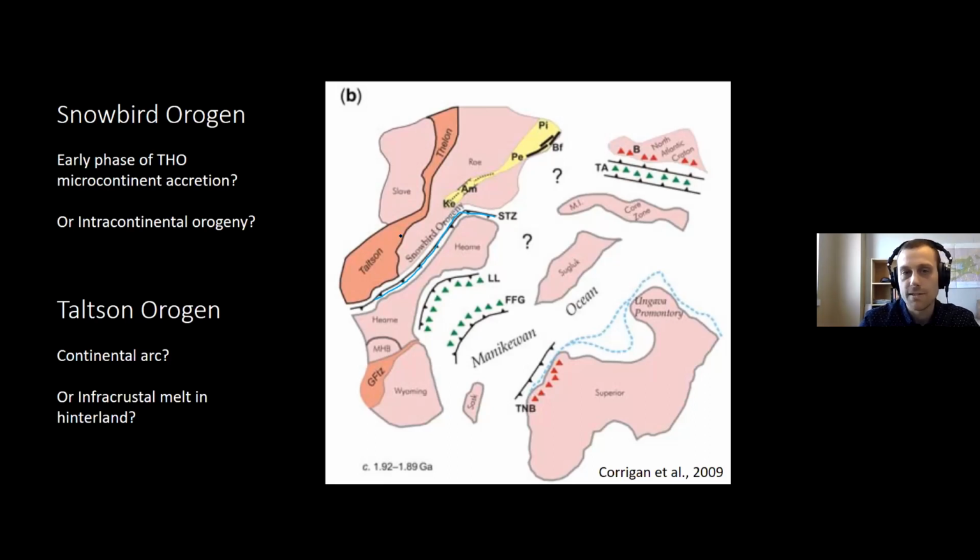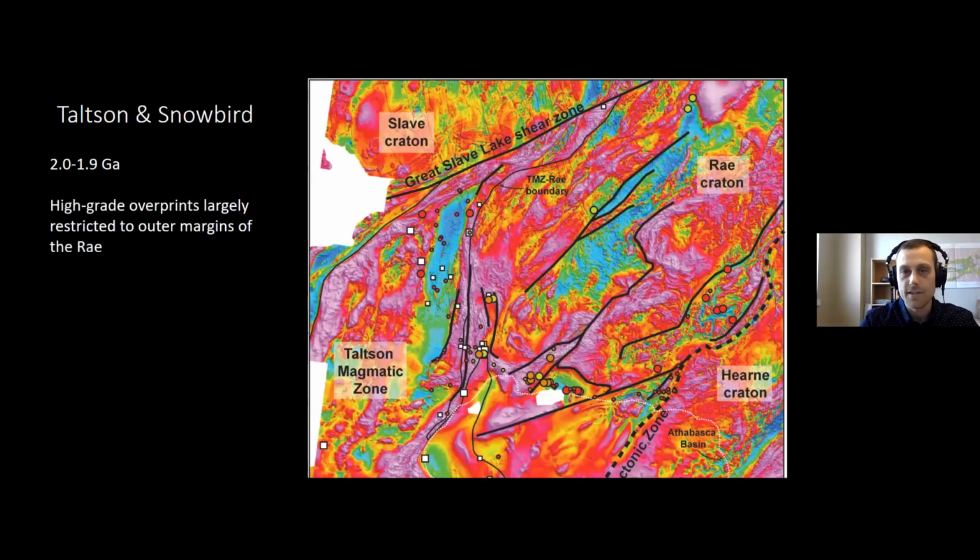Regardless, these two orogens seem to manifest on the outside of the South Rae, and that's really highlighted here in this geophysical image where I've overlaid all the metamorphic data that I could get from Saskatchewan and Northwest Territories. And you can see that the red circles, which are high-grade events at 2.0 to 1.9 Ga, are really isolated to both the Taltson and Snowbird sides of the Rae Craton.